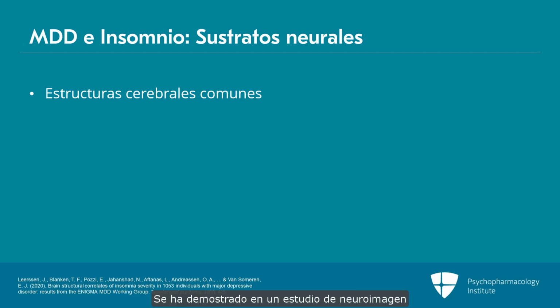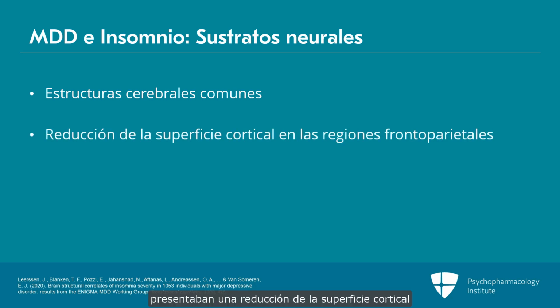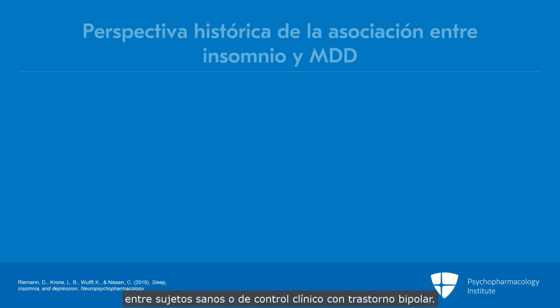It has been demonstrated in a neuroimaging study that patients with major depressive disorder and severe insomnia symptoms were noted to have reduced cortical surface area in the frontoparietal regions. Notably, the associations between surface area in frontoparietal cortical areas and insomnia are unique to depression, as these associations were not observed among healthy or clinical control subjects with bipolar disorder.